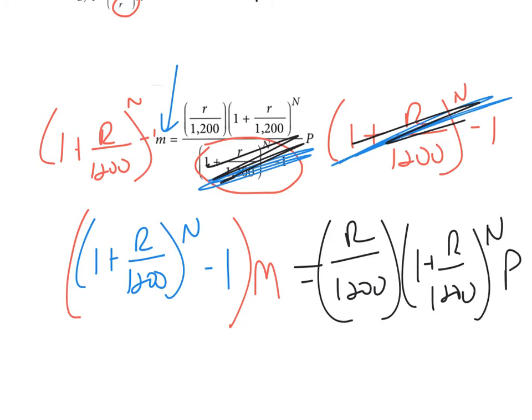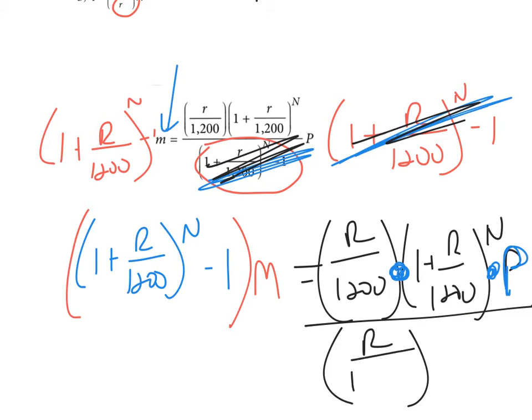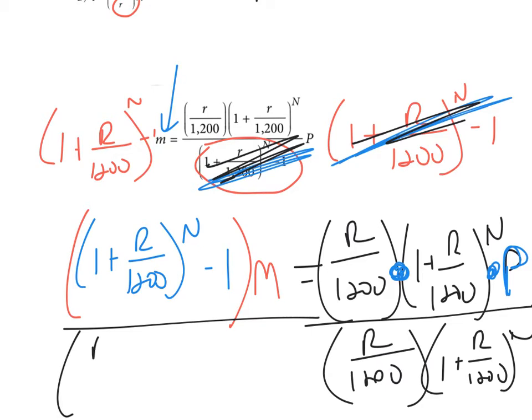Now, to get this letter P by itself, I'm going to divide both sides by both of those expressions. I'm going to divide both sides by the r over 1200 and the 1 plus r over 1200 to the n power. So basically, here's what my answer is going to be.